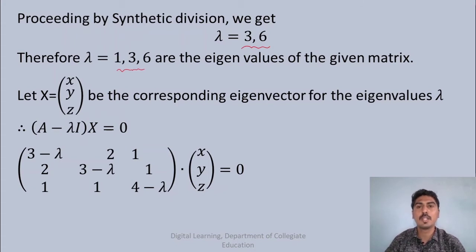Now to find out the eigenvectors corresponding to these eigenvalues, I consider the equation (A minus lambda I) x equal to 0, where x equal to the column vector (x, y, z) is the eigenvector for the eigenvalue lambda.